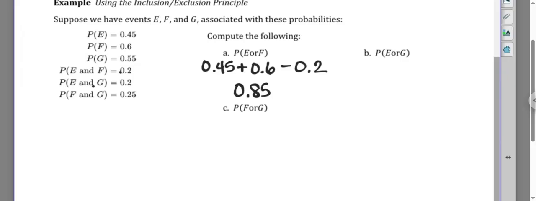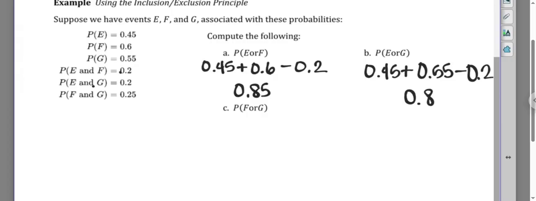So if it's an E or G, minus the overlap in E and G, we get 0.8.